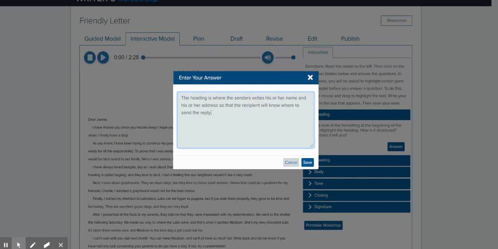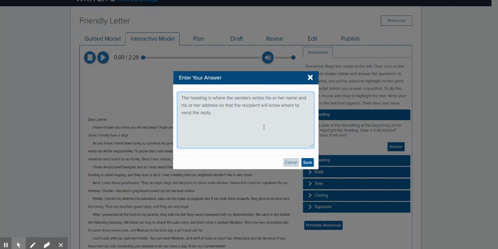Okay, so there I include how is it structured? It's structured with the address and with the name of the sender. And what does it tell you? It tells you where the sender lives so the recipient can send a reply, okay?